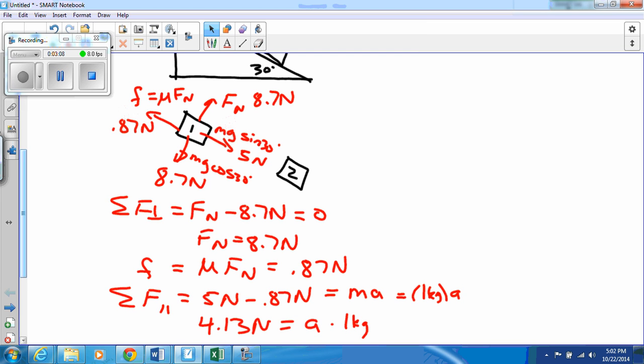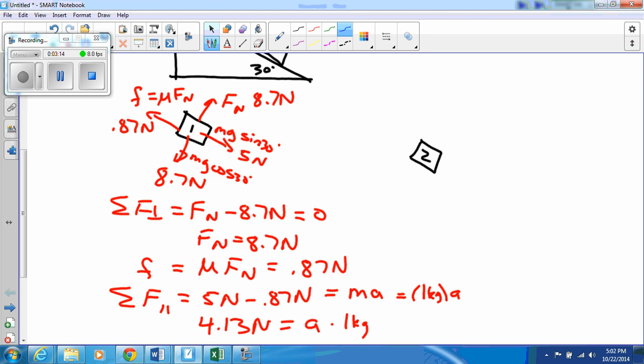What changes when I go over to block number 2? Well, all of the components of gravity are going to be simply twice as large. So I can immediately write this as 10 newtons, and I can immediately write this one as twice 8.7, or 17.4 newtons.